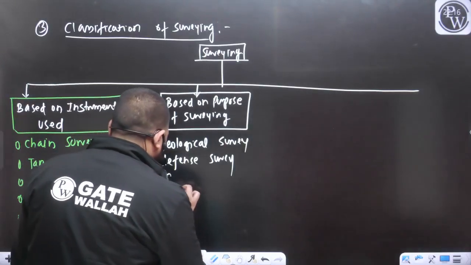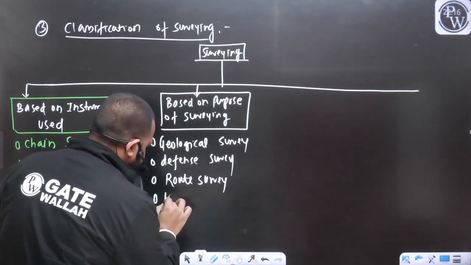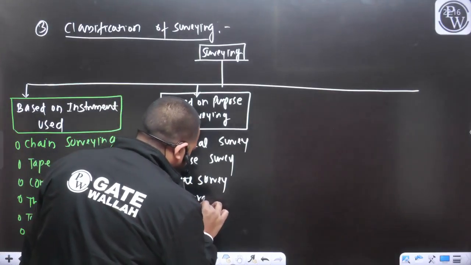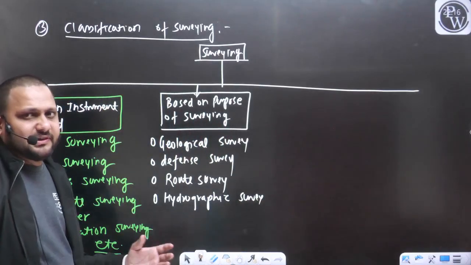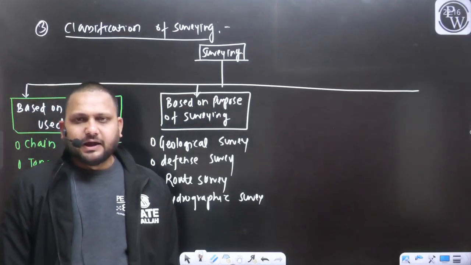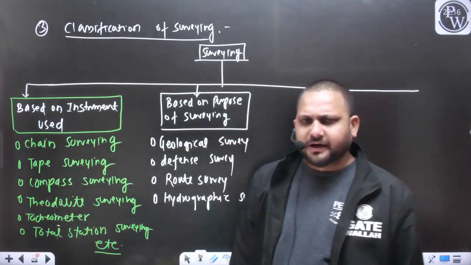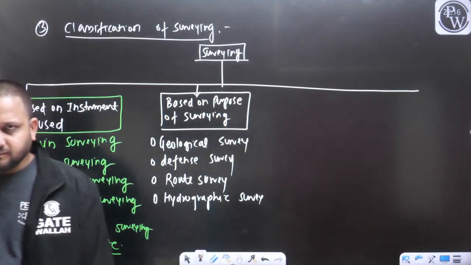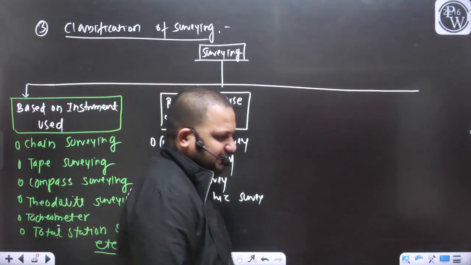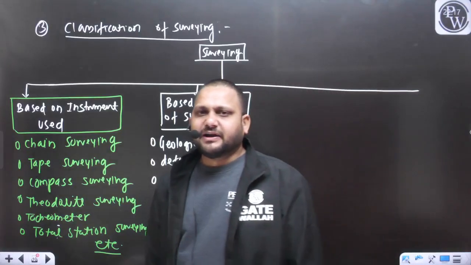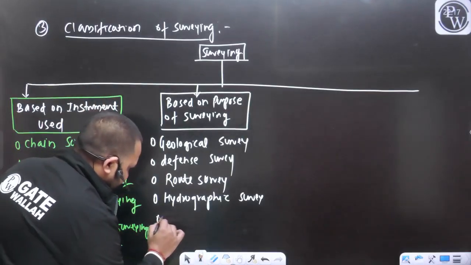We can go for the route survey. We can go for the hydrographic survey. Hydrographic survey deals with the survey of water bodies like river, pond, etc. If you want to define the property or the building line, from where we started our today's discussion, for that we need to perform the cadastral survey.